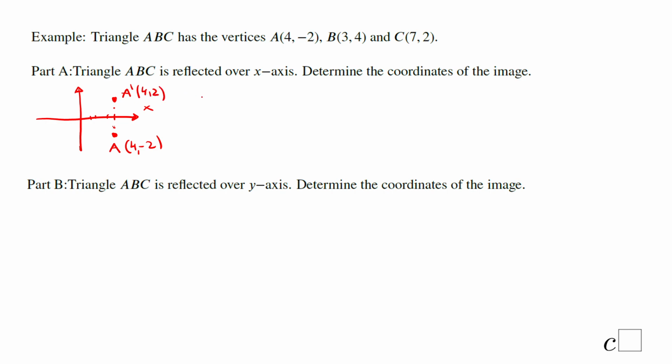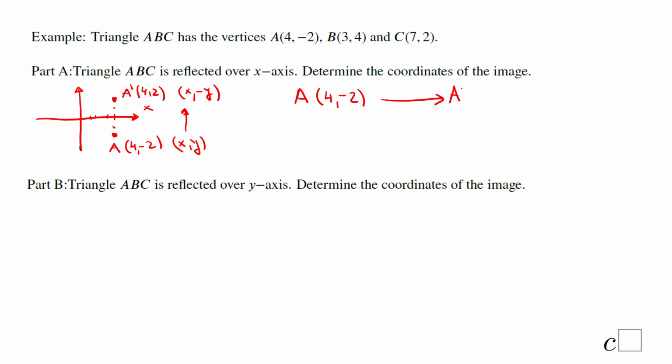At this moment, I think you should see the rule. (x, y) in this case becomes what? x stays, y changes the sign. So this is the thing I'm going to do now for every single point. For A, I already did it graphically. (4, -2) becomes, and let me write that rule on the side.